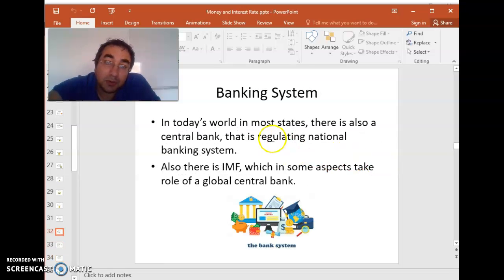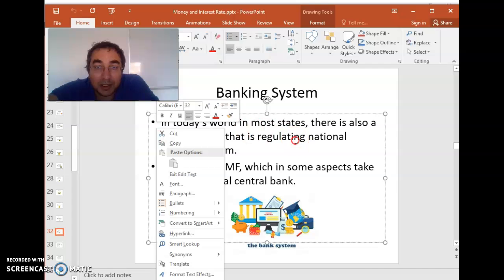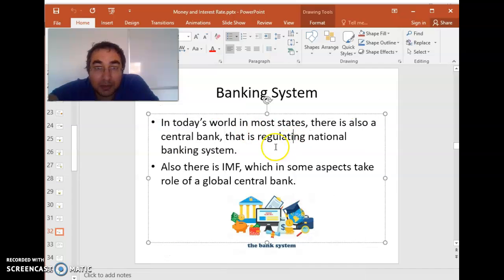But before we go to that, I just want to introduce that in most countries we also have a central bank regulating the national banking system, and the IMF, which is kind of the global central bank, supporting the central banks of countries, but also, at least after the 1980s, taking the function of regulating and shaping the financial systems in the world.